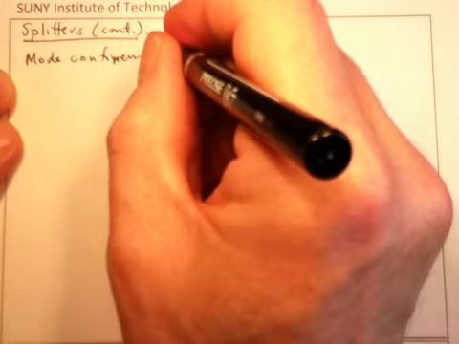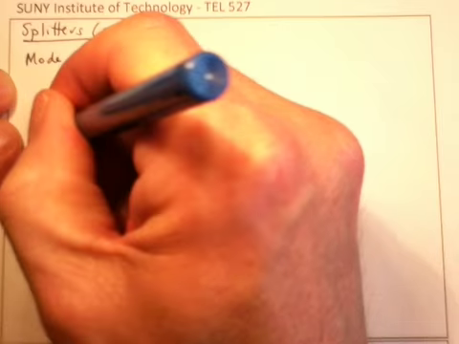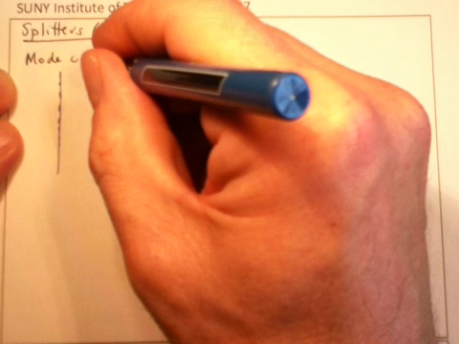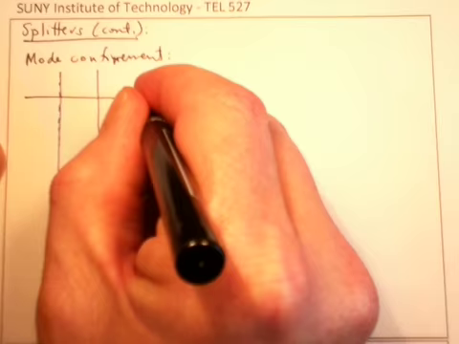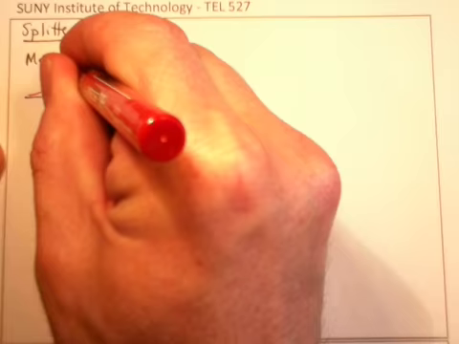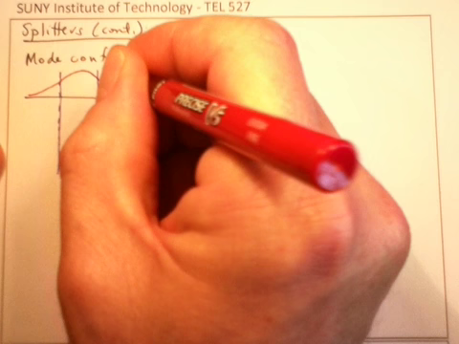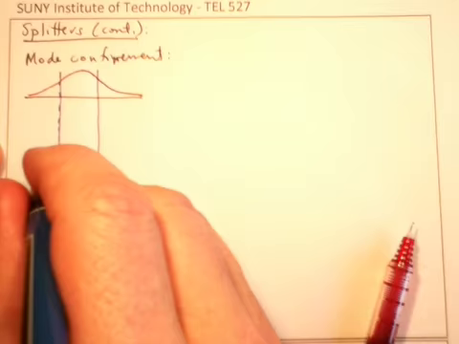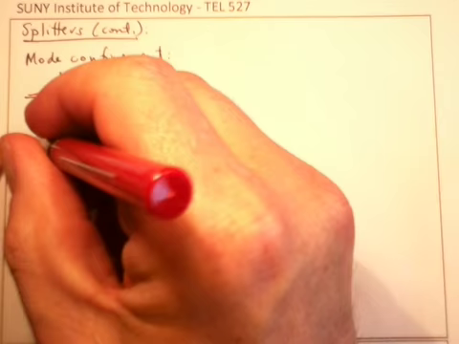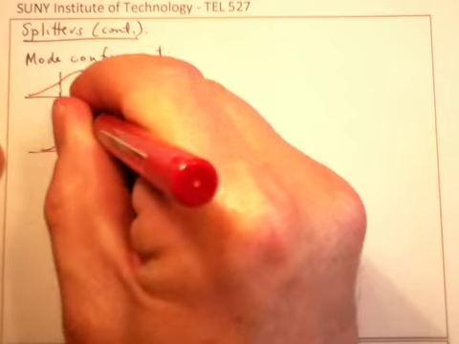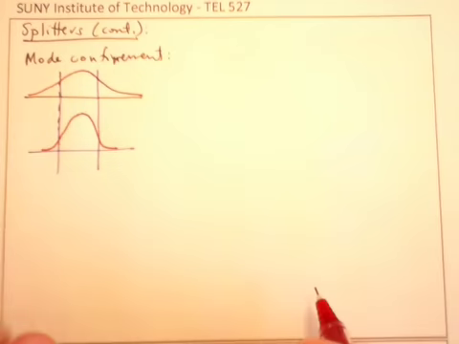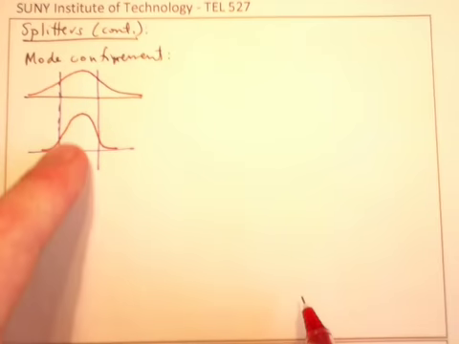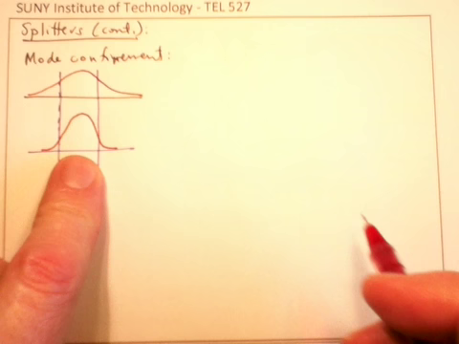If we have a mode that looks like this, this is the lowest order mode in our waveguide, versus a mode that looks like this. These are both the lowest order mode, but they have very different confinement.